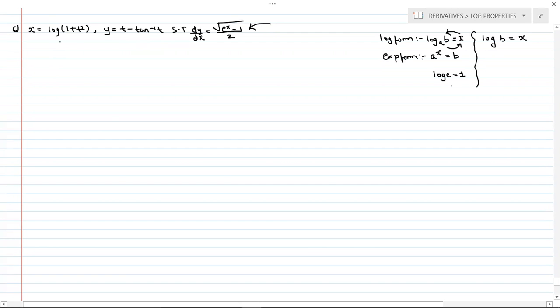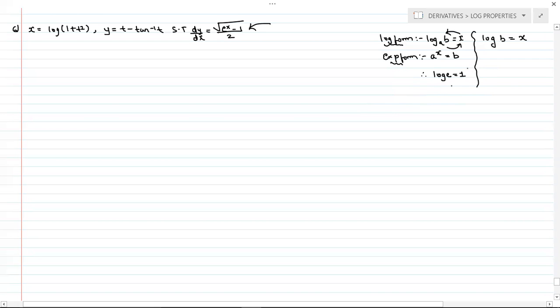Here the first thing is the log formula for this sum. If you want to tackle this sum, we'll first see some basic things. We know the formula: log b to the base a equals x. This is the logarithm form. When you convert this log into exponential form, you get a raised to x equals b. Wherever we see log e, the value of log e is equal to 1.